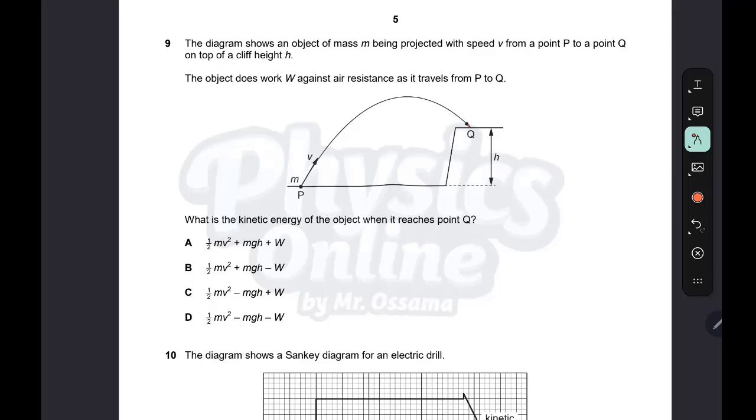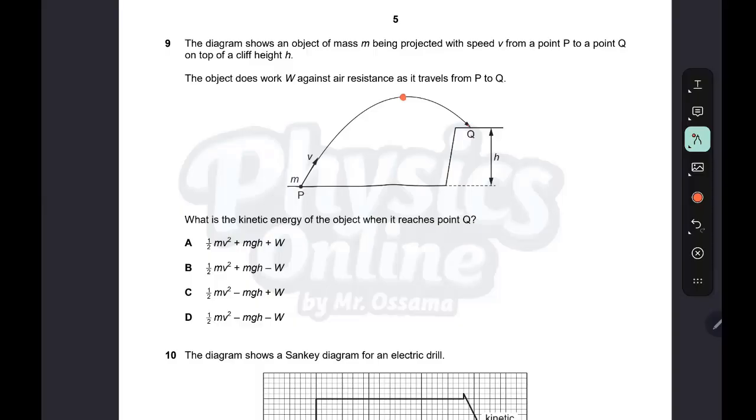Then question 9. The diagram shows an object of mass m being projected with speed v from point P to point Q on the top of a cliff of height h. The object does work against air resistance as it travels from P to Q. What is the kinetic energy of the object when it reaches point Q? Okay, from P to the top of the cliff.